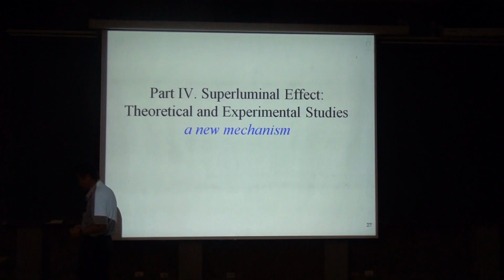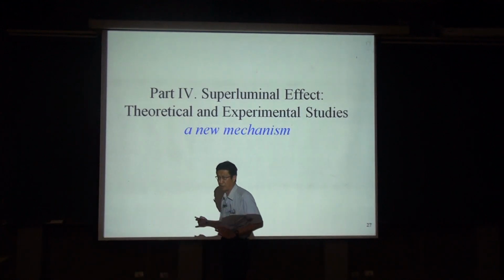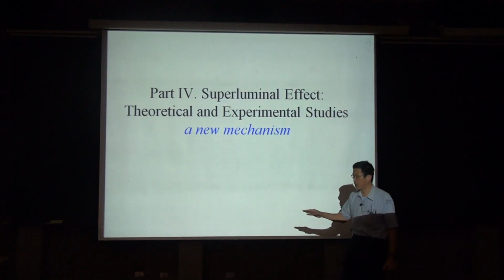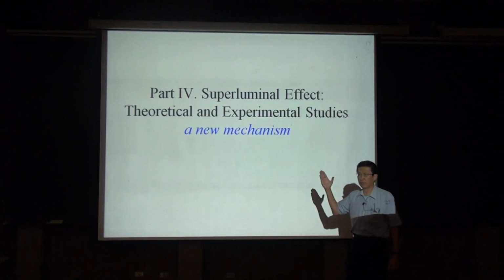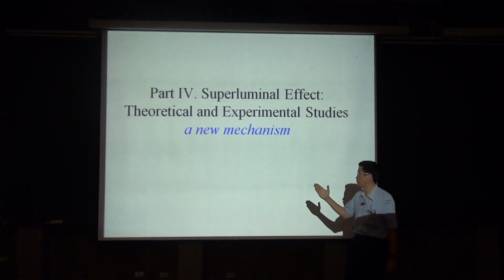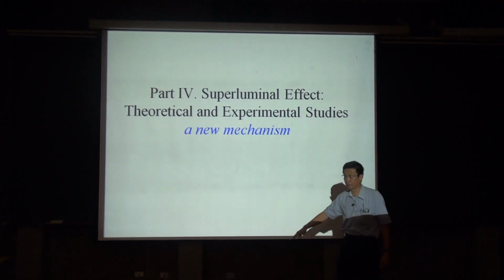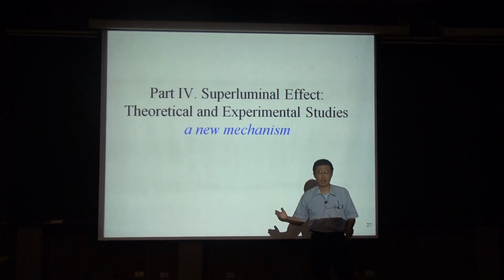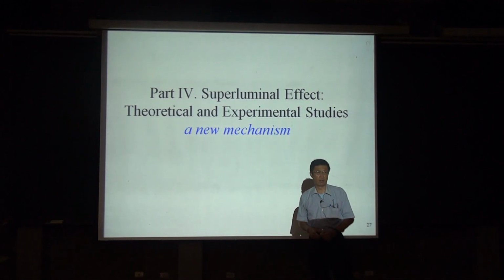Okay, now let's move on to a more important topic. Up to this point, we have shown you the superluminal effect. Faster than light effect can occur. But the problem is they are evanescent waves, not propagating waves inside. So transmission is very, very low, roughly about 0.1%.